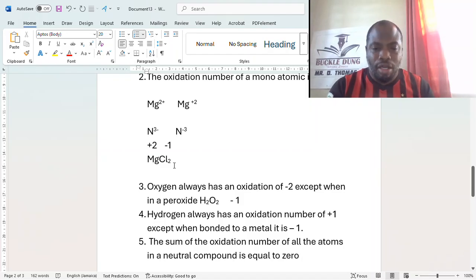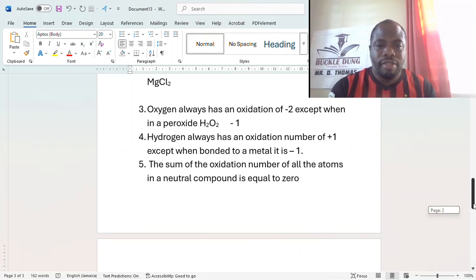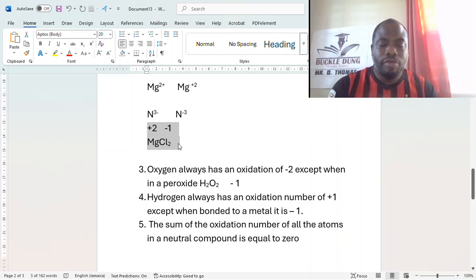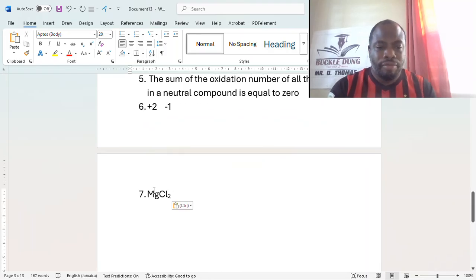So here is the thing. We're now saying that when we add up all the oxidation numbers in the compound itself, we're taking into consideration this time the two atoms of chlorine.